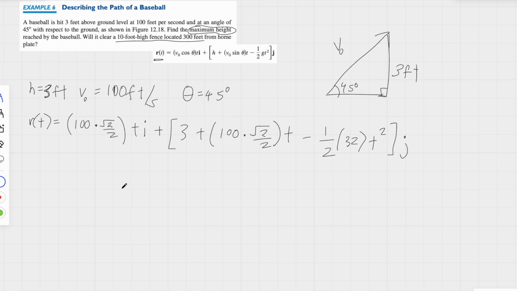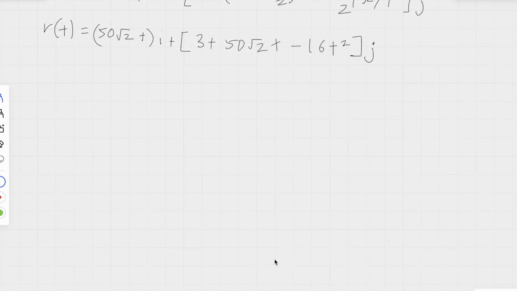We can simplify this a bit, so we will get r of t is equal to 50 root 2 t i plus 3 plus 50 root 2 t minus 16 t squared j. So how do we find when the baseball reaches the maximum height?